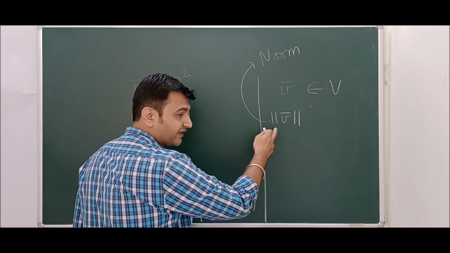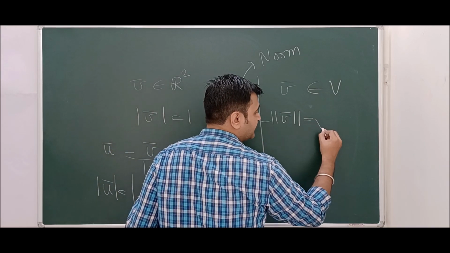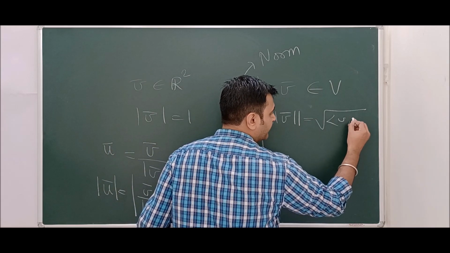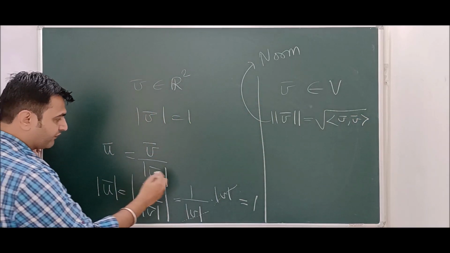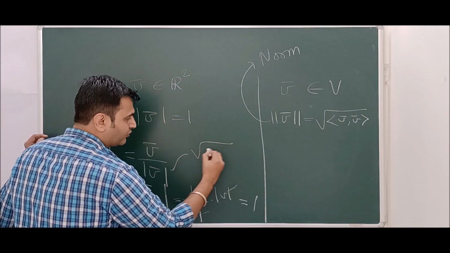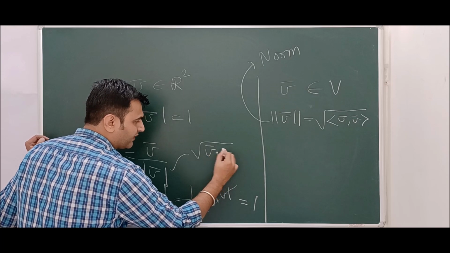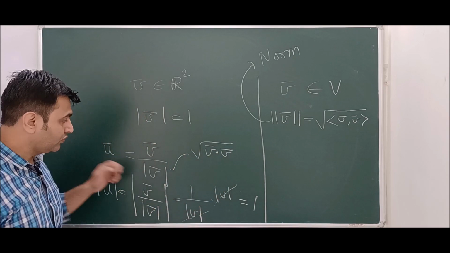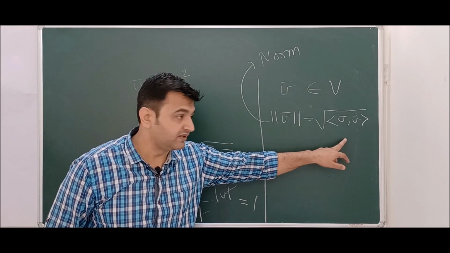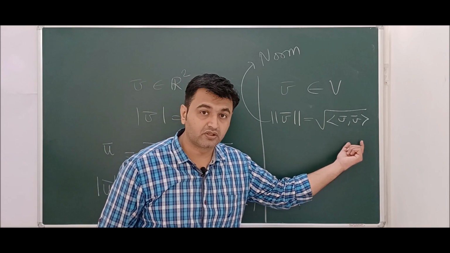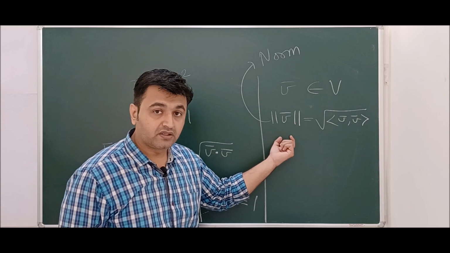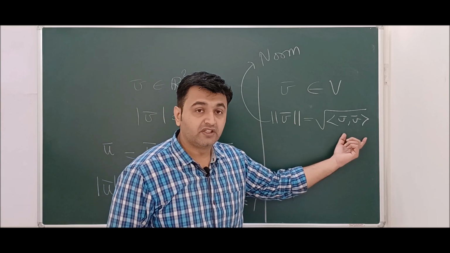You define the norm as the square root of the inner product of V comma V. What is the length of V? If you recall, it is the square root of V bar dot V bar. So that's how it is defined here as well. What is the generalization of the dot product? The inner product. So the norm of a vector is nothing but the square root of the inner product.